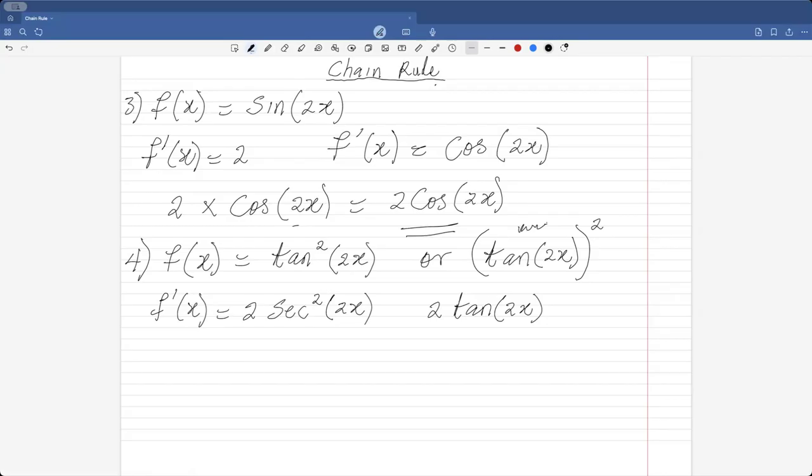So let us multiply things together. Oops, sorry. Supposed to put f prime x here. Let me clean this up and write it the right way. So, wait a second. So, f prime x equals 2 tan 2x.